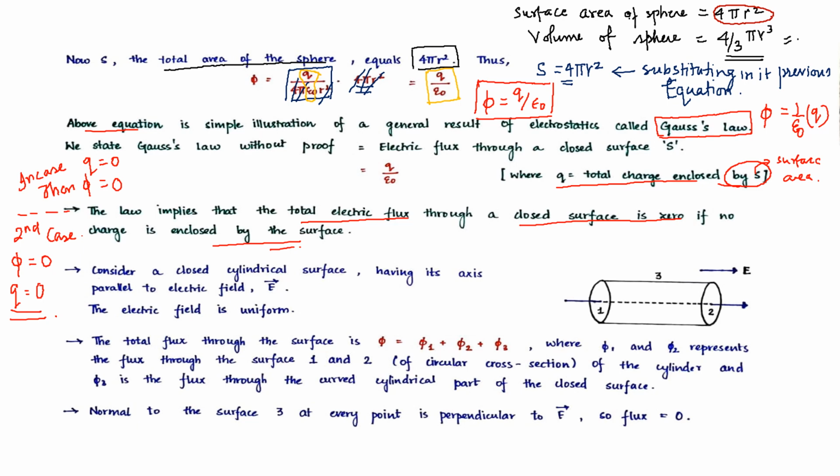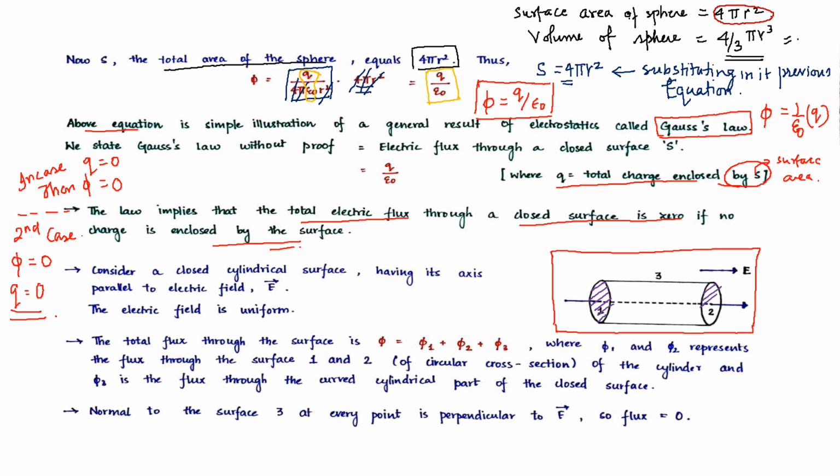For this we have considered this cylinder. See over here the diagram of this cylinder and try to understand diagrammatically what exactly is happening. In this we have three surfaces. One is this surface, circular.